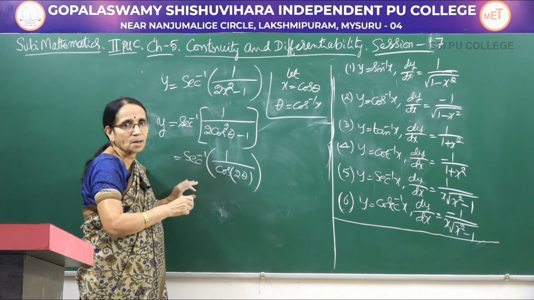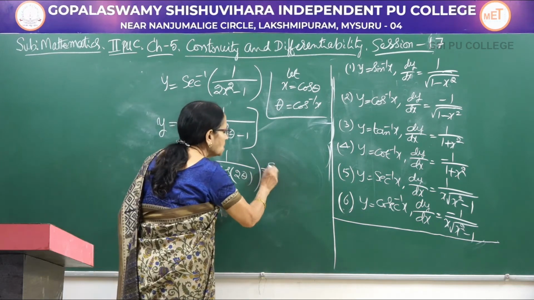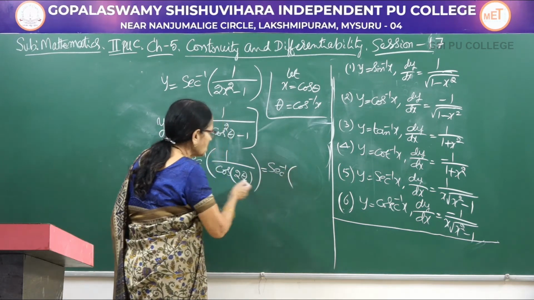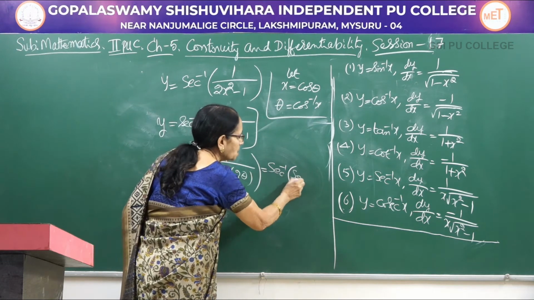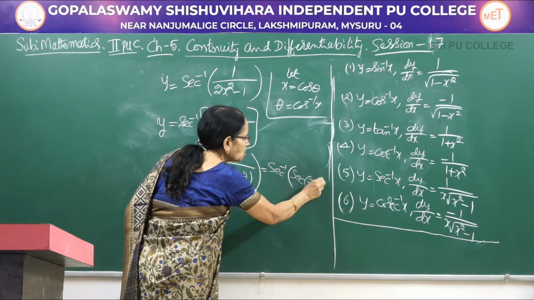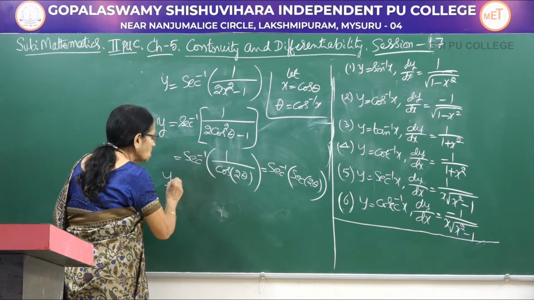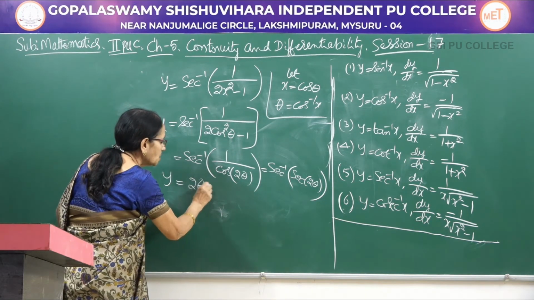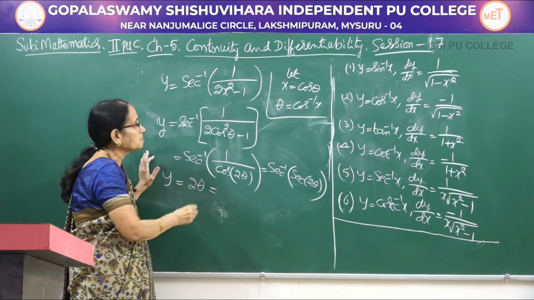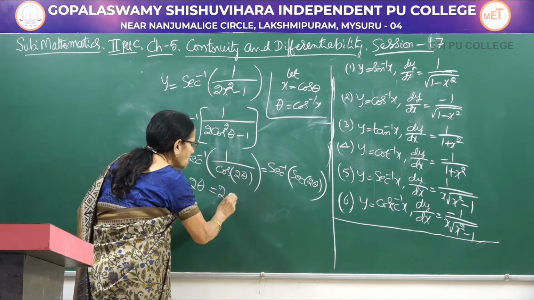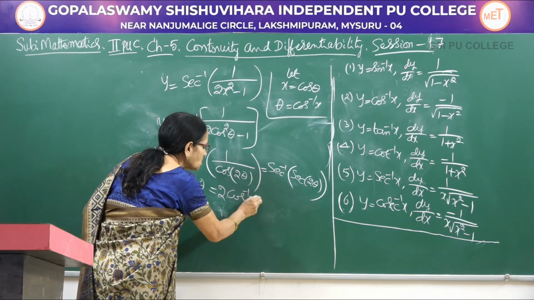And cos and secant are reciprocal ratios. Therefore, it is secant inverse of, if you take it to the numerator, secant of 2 theta. Correct? Secant inverse of secant means now it is very simple. It is 2 theta. But what is theta? Theta is nothing but cos inverse of x.